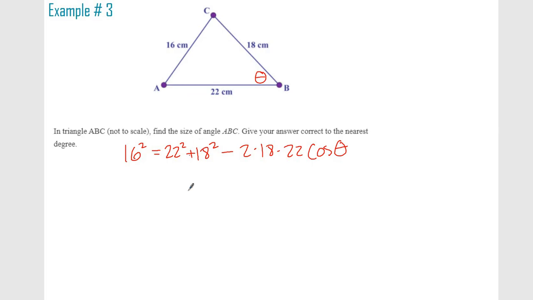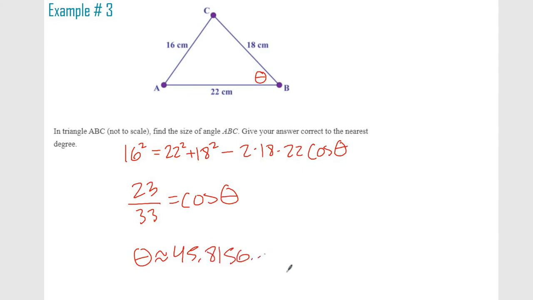You square these, put those over to the other side, and you should end up with 23 over 33 equals cosine theta. We take the inverse of that, and we get theta to be 45.8156. 3 sig figs gets us 45.8 degrees.